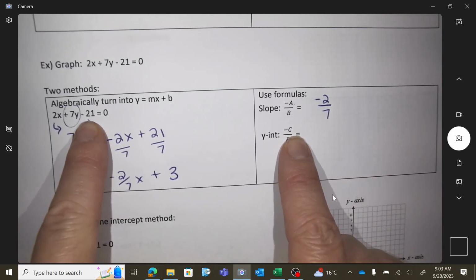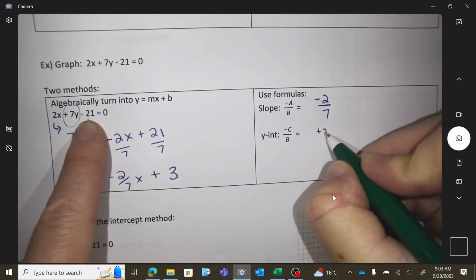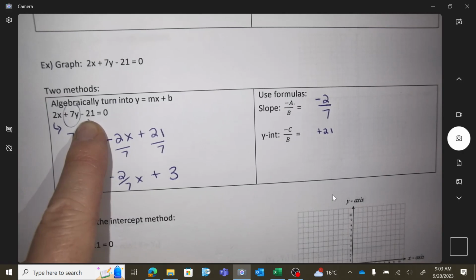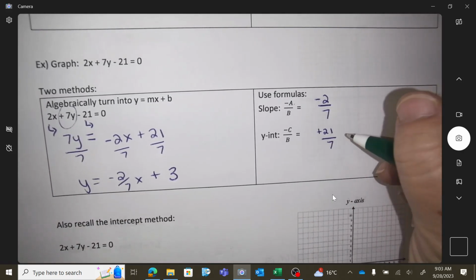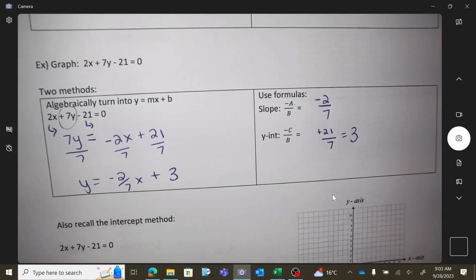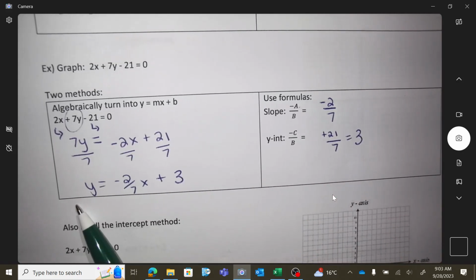So our c is negative 21, so the opposite would be positive 21 over 7. Okay, so we got to the same thing. You can use the formulas, but I'm going to lean more towards this algebra because it will never fail you. Algebra always works no matter what anything looks like.